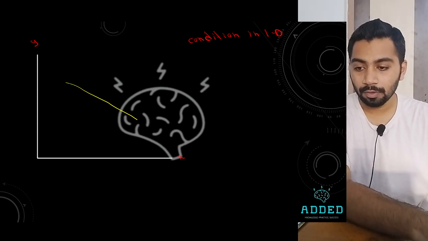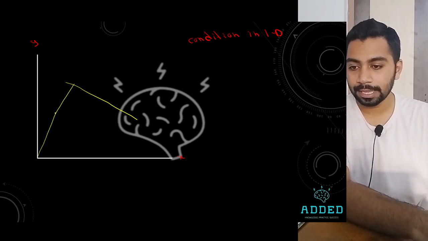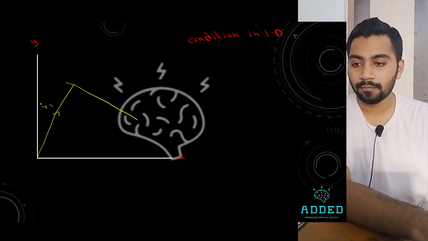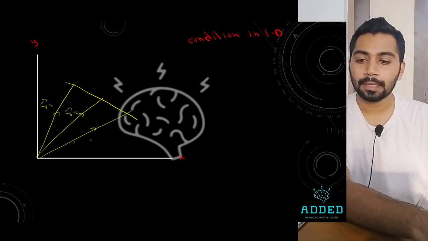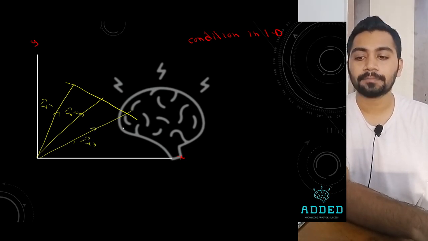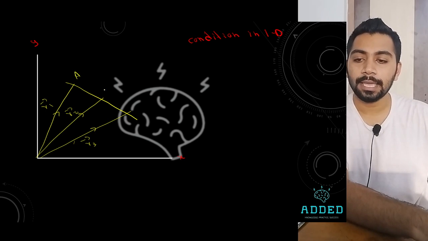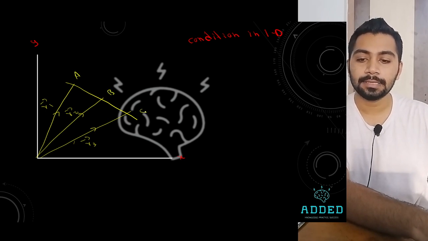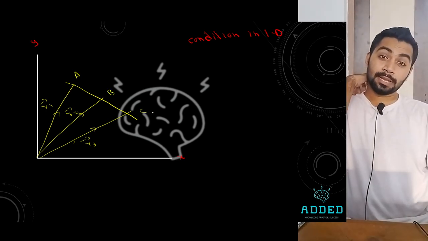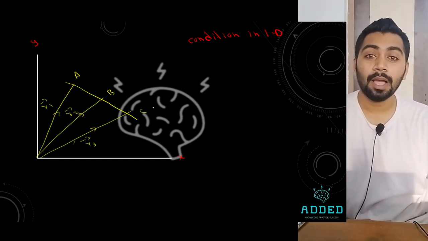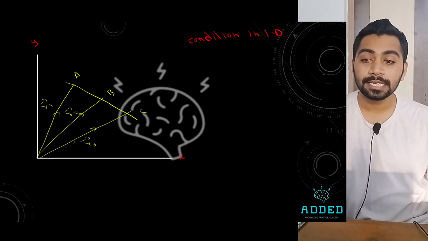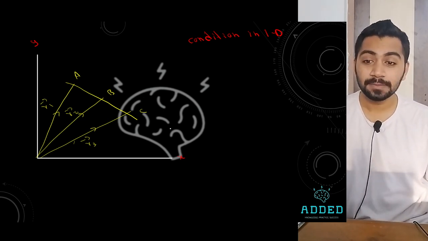Here the position is vector r1, in the middle vector r2, and at this point vector r3, at points A, B, C. How to write this condition for 1D? How to get the distance AB, the distance BC?